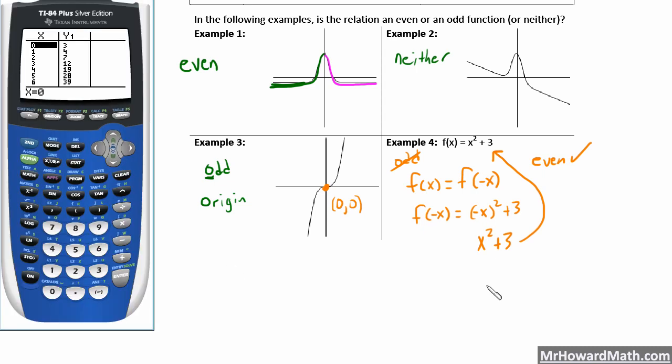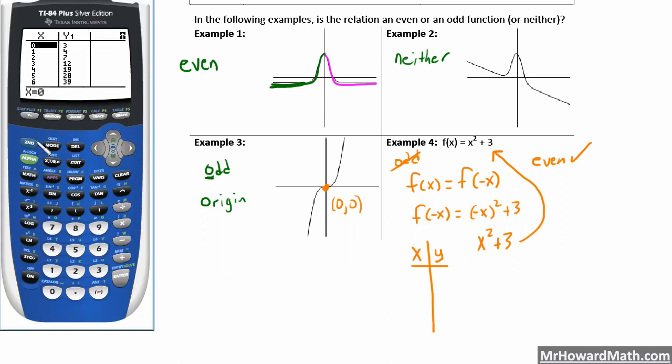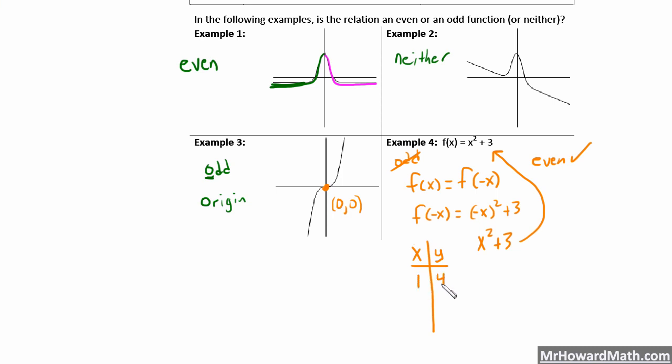Okay, and we can check that in our table. Remember what we said before. We said f of x is equal to f of negative x. So when we look at a table of values, let's make a table of values here. We have the points (1, 4) and (2, 7).